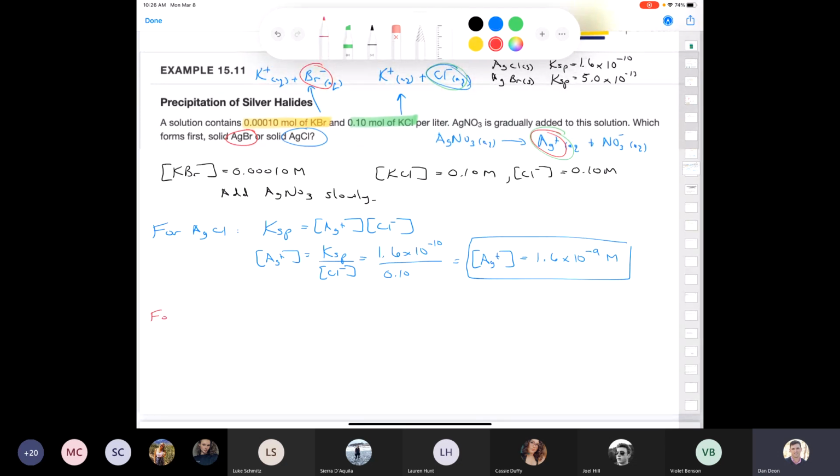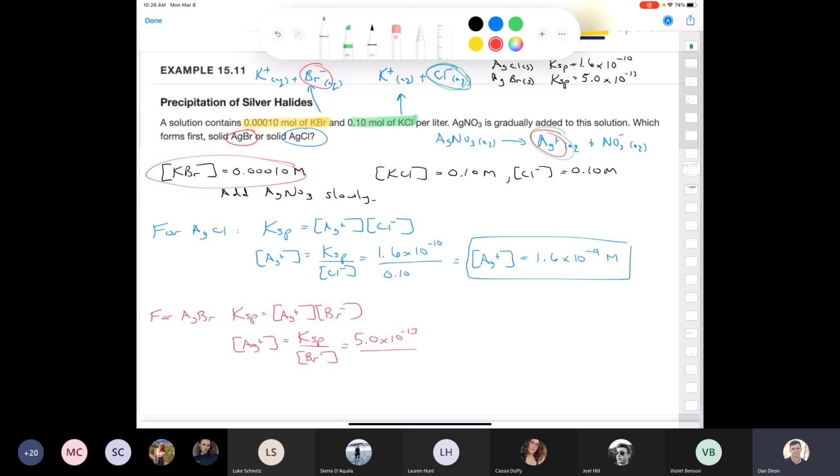So we'll put that in a box, and now we'll do the exact same treatment for the silver bromide. For silver bromide, the KSP is equal to the concentration of silver ions times the concentration of bromide ions. If I want to know the minimum amount of silver that's going to be required, I take the KSP and divide it by the concentration of bromide. KSP for silver bromide is 5.0 times 10 to the negative 13. I divide that by the concentration of my bromide ions, which I get from the concentration of my KBr.